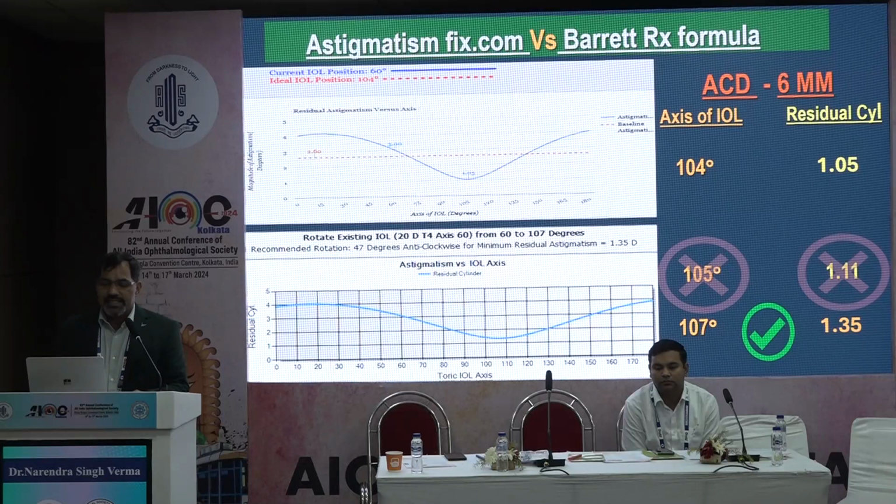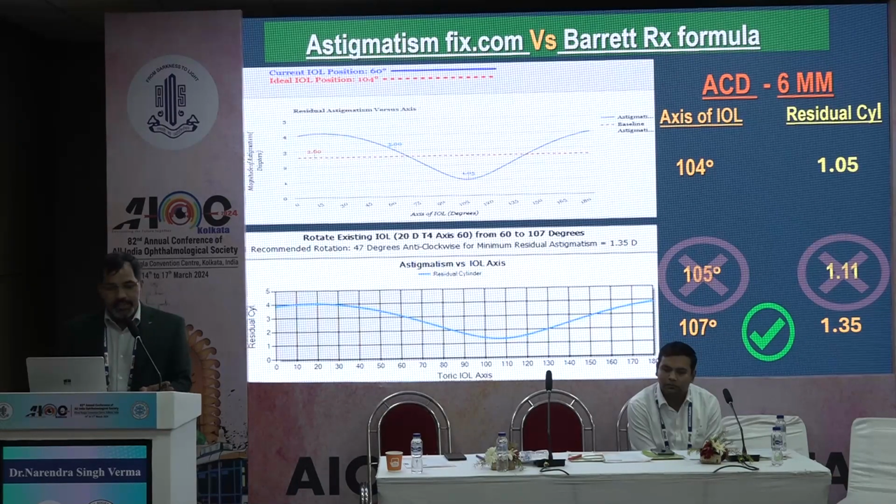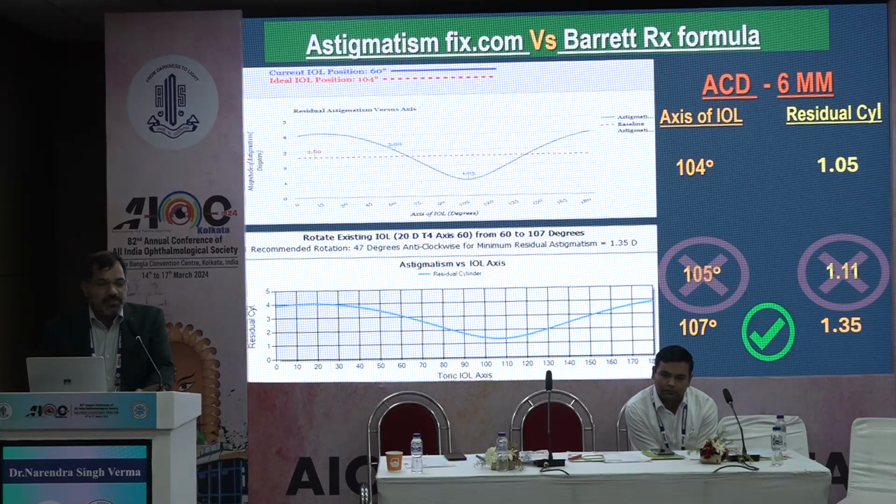If I increase the ACD from 3 to 6 millimeter, as a hypothetical case, there will be no change in the astigmatismfix axis, new axis and residual, because it is not considering ACD. But in the Barrett, previously it was 105, now it is 107, and the residual also increases from 1.11 to 1.35. So the axis rotation changed by 2 degree. This is due to the ACD. These parameters are not included in astigmatismfix.com. They are included in the Barrett.